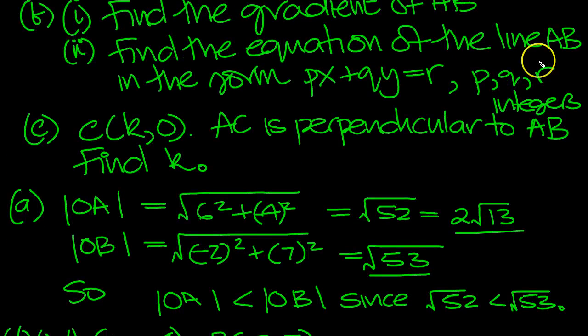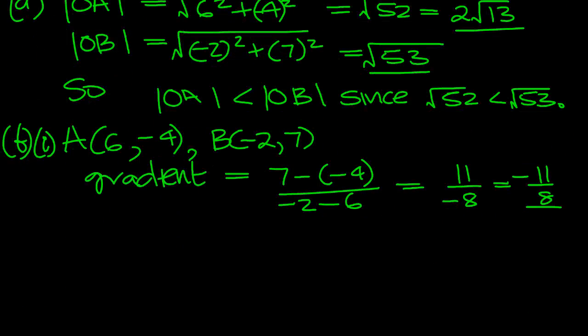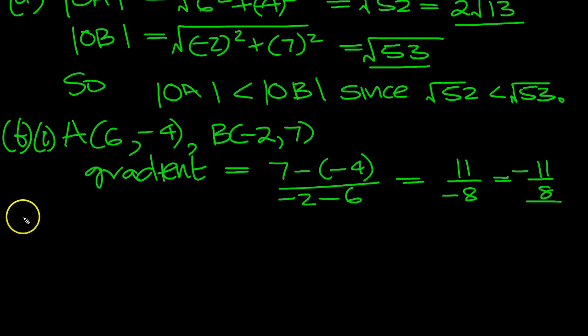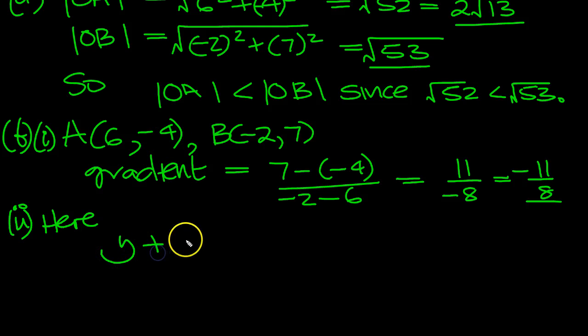Find the equation of the line AB then. So now we know the gradient, we know the point it goes through, and we want it in this form. So here, part 2. Okay, y minus, let's go through this point here, minus 4, so that's plus 4, is equal to the gradient, minus 11/8, x minus the 6.